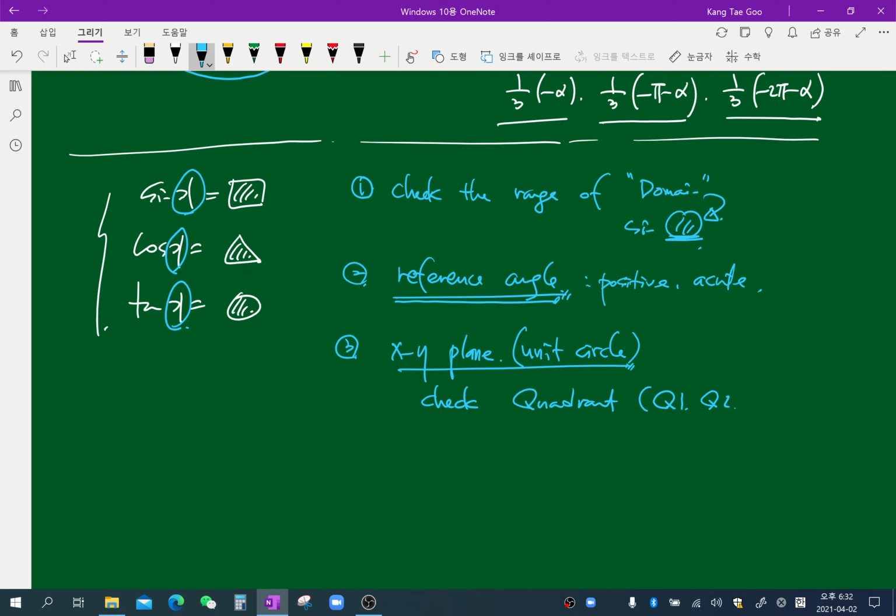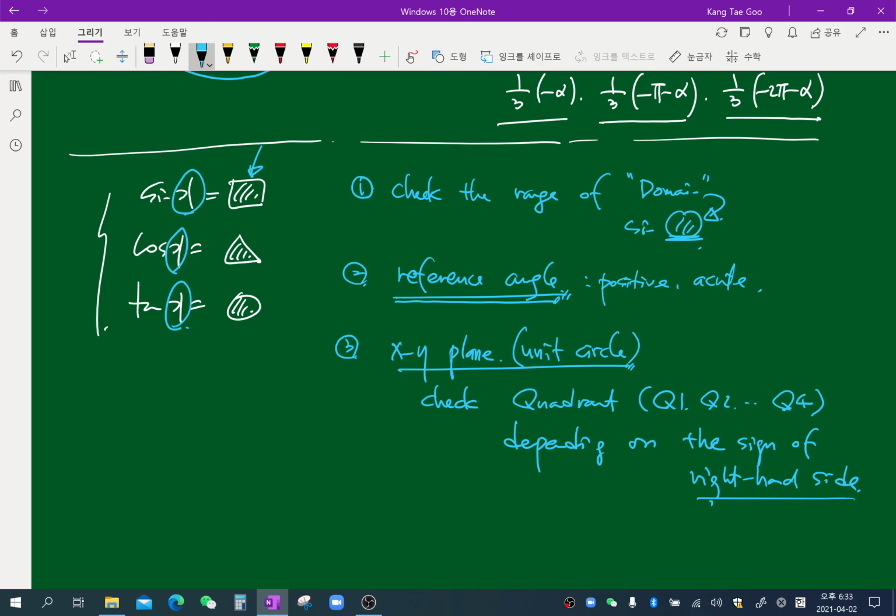Q1, Q2, Q3, Q4, depending on what? Depending on this value, the right hand side value, whether that is positive or negative.